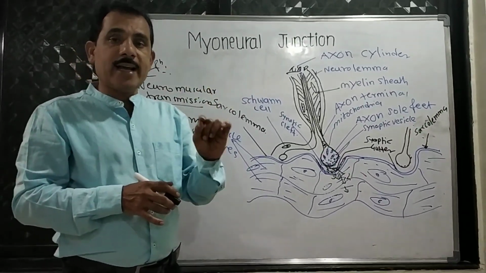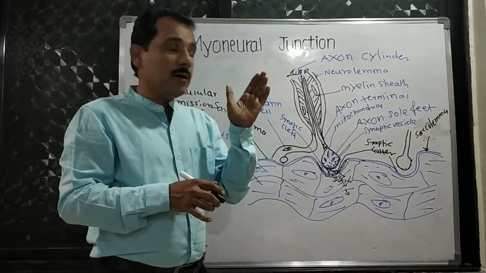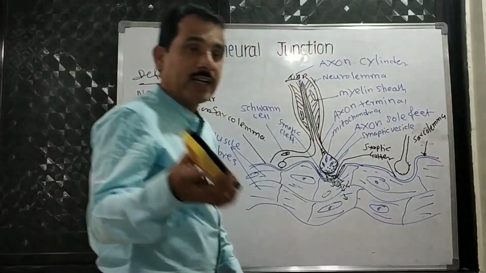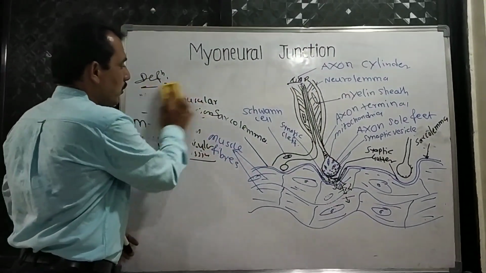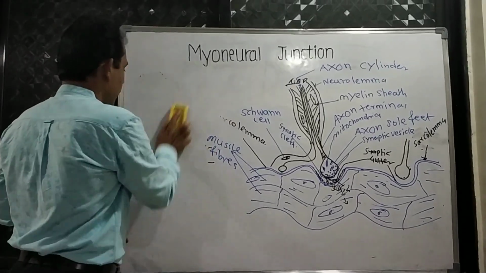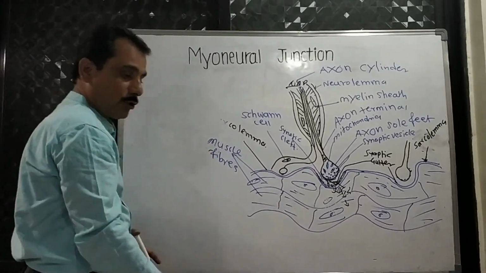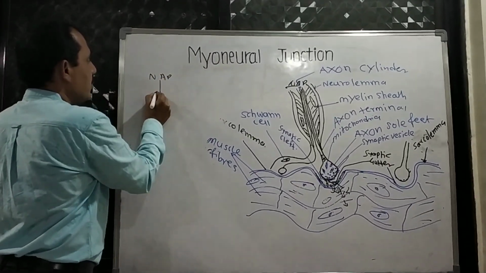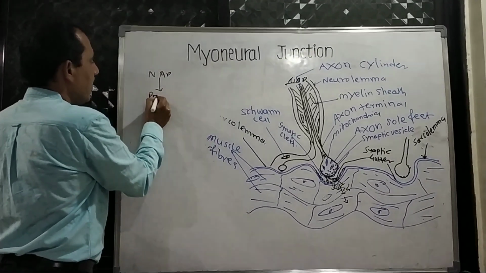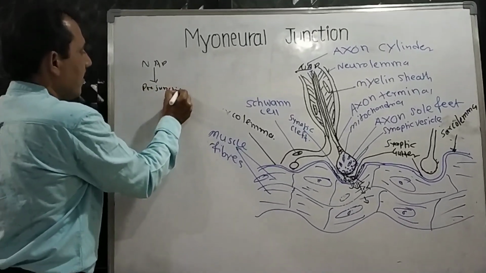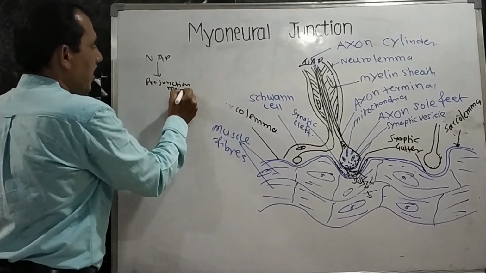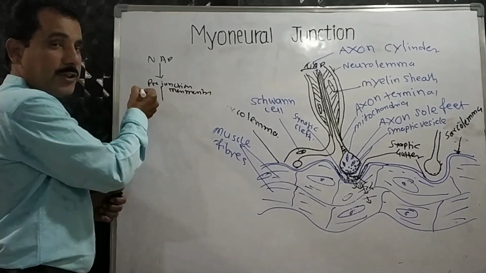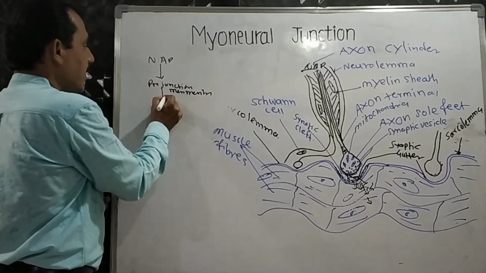To understand how to remember neuromuscular transmission, we will see the series of stages. First of all, the nerve action potential. It reaches where? The prejunctional membrane. It causes excitation of the prejunctional membrane.